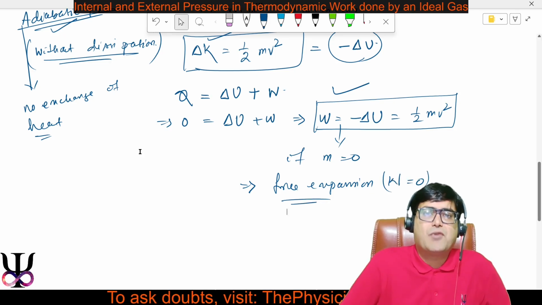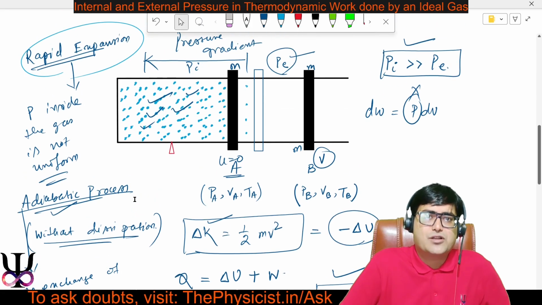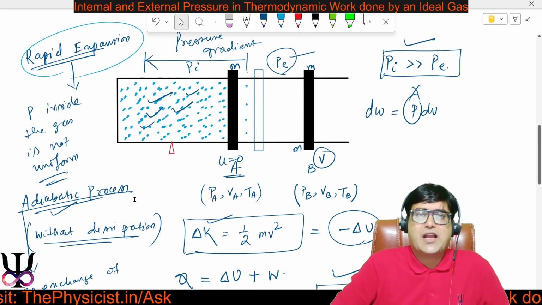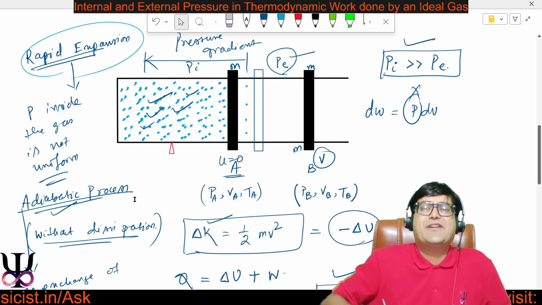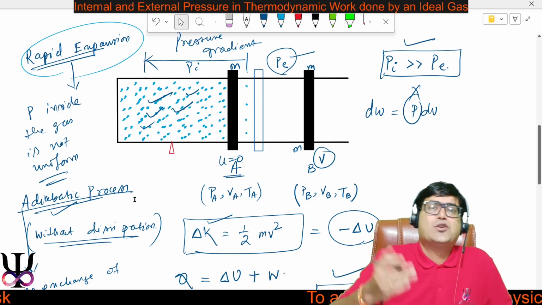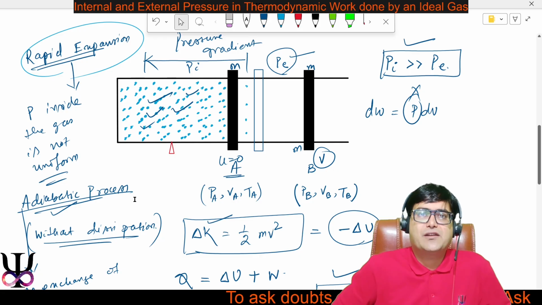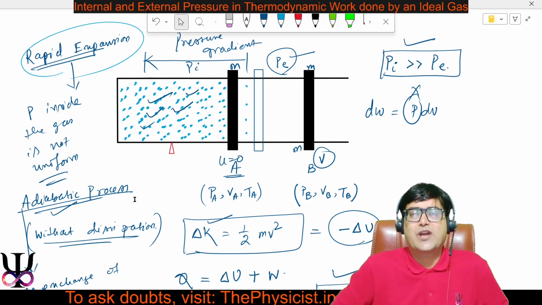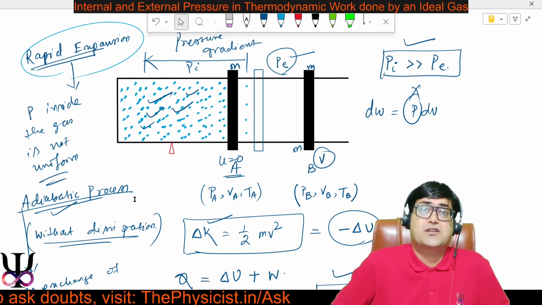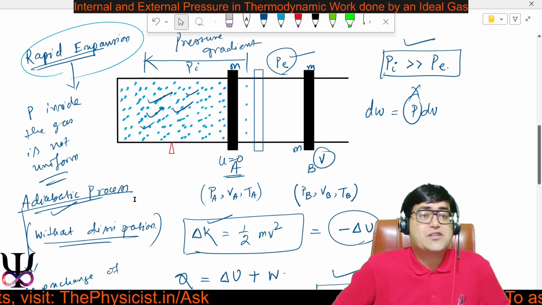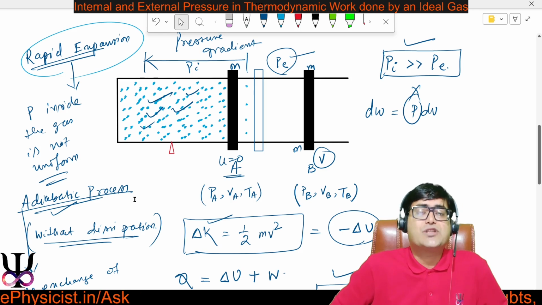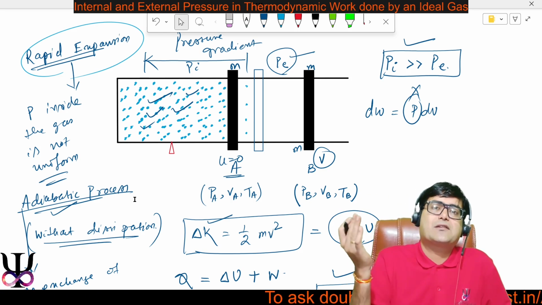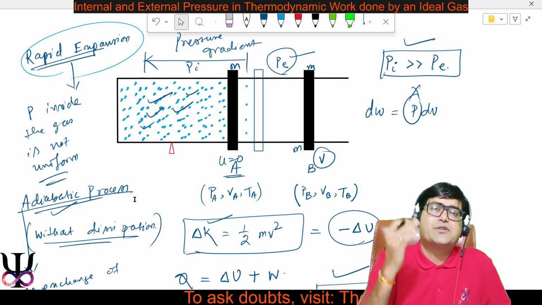Why I'm saying it's free expansion is because while the gas is trying to move the piston to the right, it's not actually giving any of its energy to the piston, right? Because the piston can have only one type of energy, that's kinetic energy. Since there is no kinetic energy given to the piston because it doesn't have a mass, there is no change in internal energy, so there is no work done by the gas. Free expansion is the concept of the mass of the piston being zero.